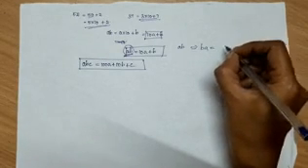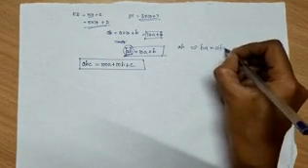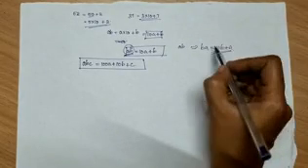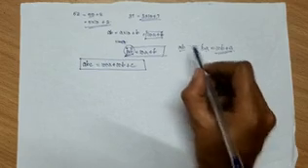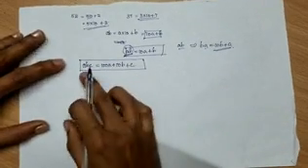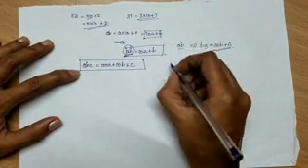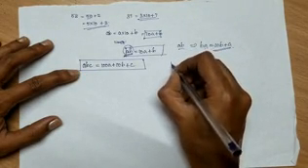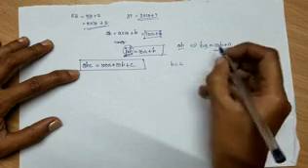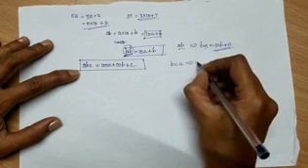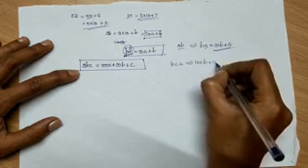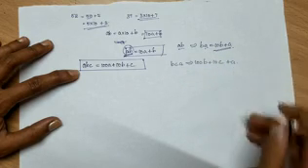BA is 10 into B plus A. So, this is the reversed number of AB. Similarly, if ABC is reversed as BCA, we can write this as 100B plus 10C plus A.